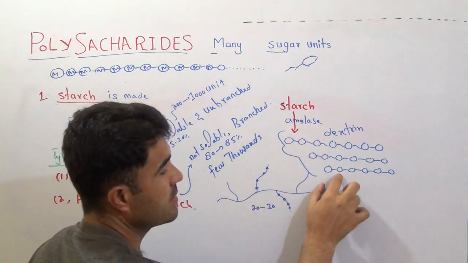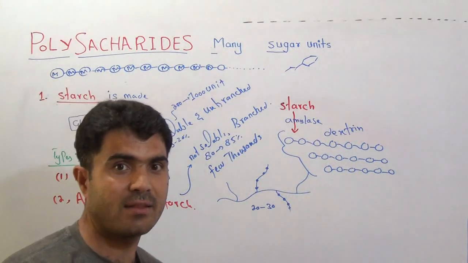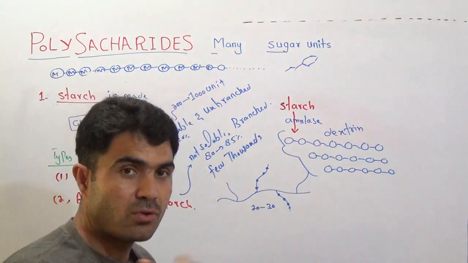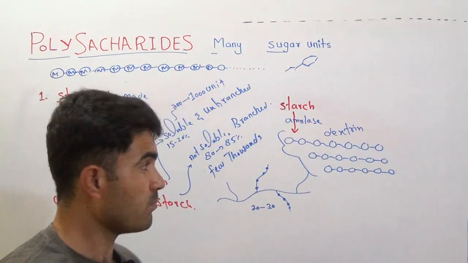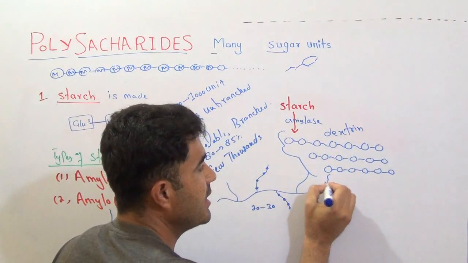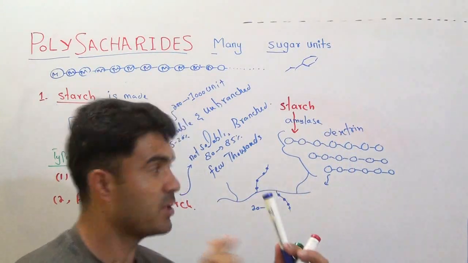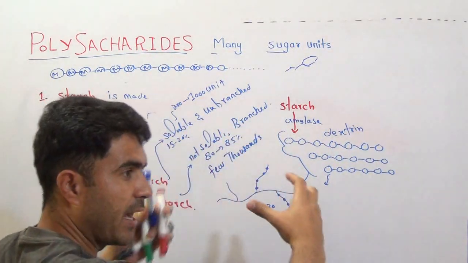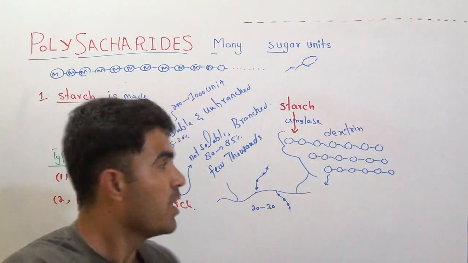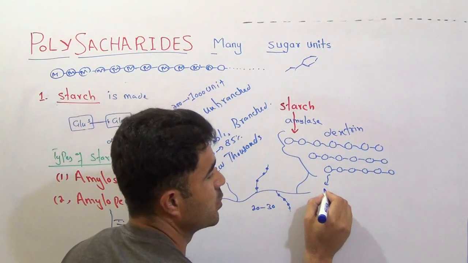That is a little different from dextran, which will come later on. If you hydrolyze dextrin further, you will get more pieces of shorter length. Starch has long length, dextrin has small length, and when you hydrolyze further, you will get even shorter pieces called maltose.